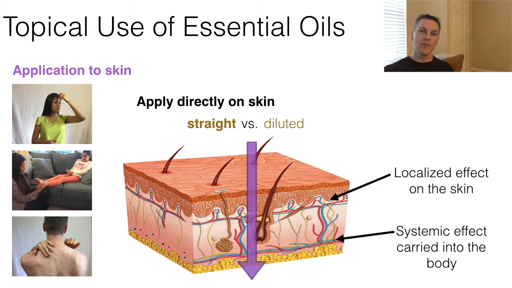Now, where should you apply your essential oils? I'm glad you asked. Any place that you have skin, you can put essential oils. You can put them on your ear for some reason. But I'm just going to overview some of the main places that we apply essential oils. The bottom of your feet. Believe it or not, this is really an ideal place to put your essential oils because there's less nerve endings.